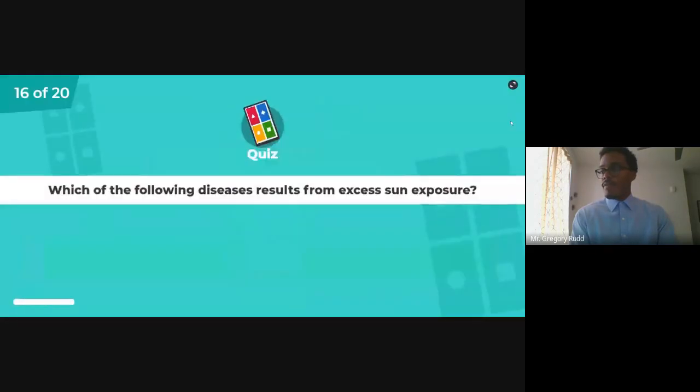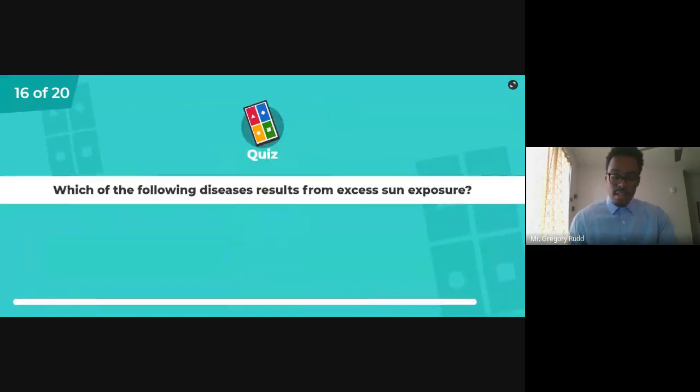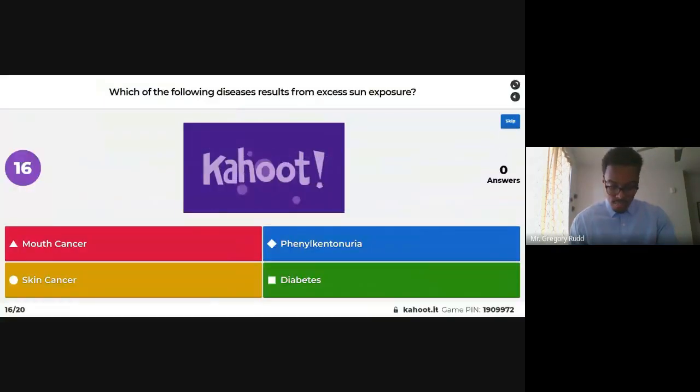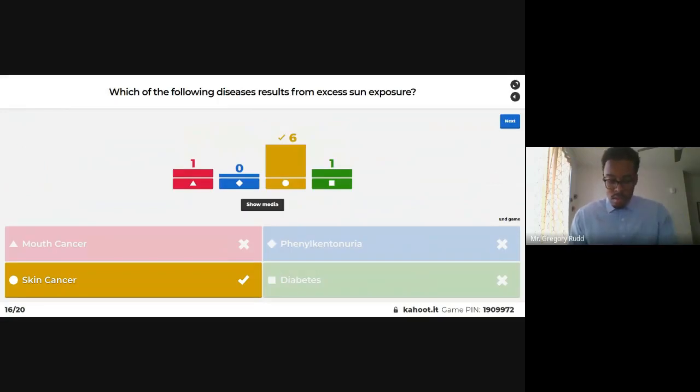Five questions left. Which of the following diseases results from excess sun exposure? This should be an easy one. Skin cancer, good. That was an easy one.